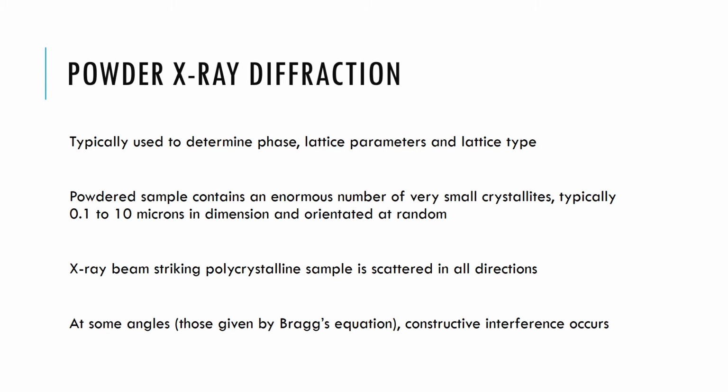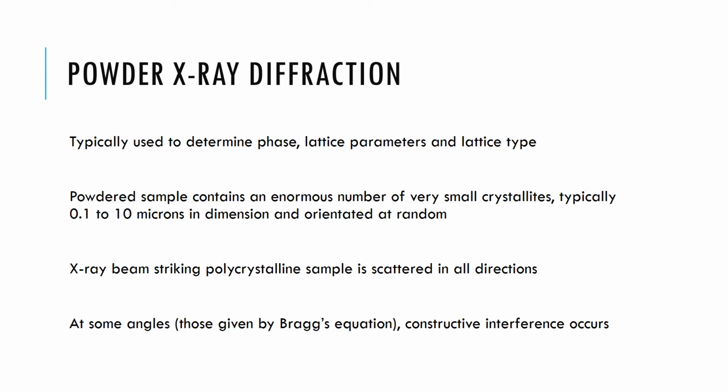We would grind that up if we were to use it in powdered form and investigate the structure of sodium chloride with X-ray diffraction, but even still, there would be a very large number of small crystallites in there. It's not one single crystal. Each one of these crystallites has a dimension of about 0.1 to 10 microns, and of course, when we put them in a vessel to measure them, they're all oriented at random.